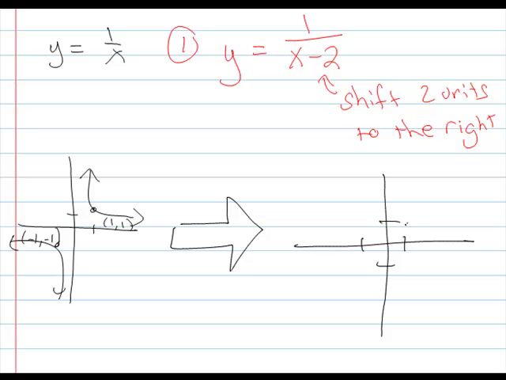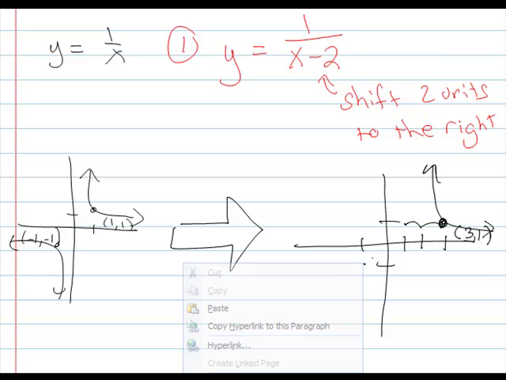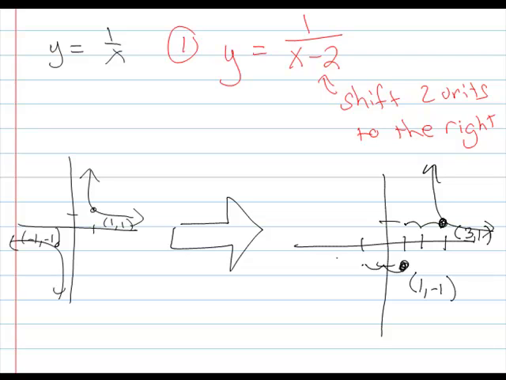This point that was here at 1, 1 is actually going to go over here, so it's now going to be 3, 1. And everything else is going to look the same. Over here we had -1, -1, and we'll shift over 2 units to the right to 1, -1, and it'll look essentially the same.